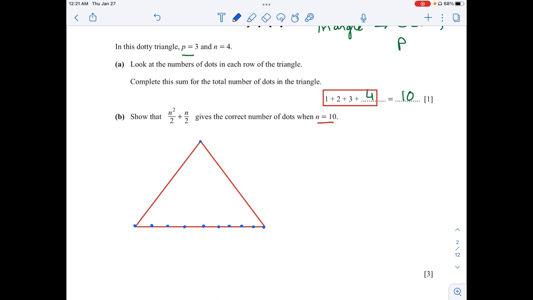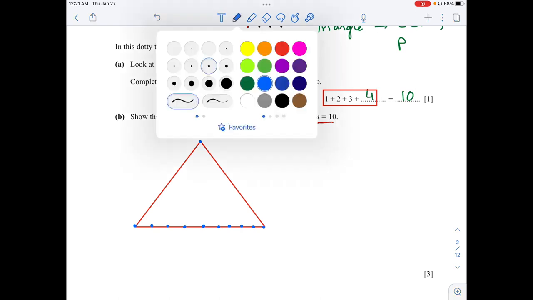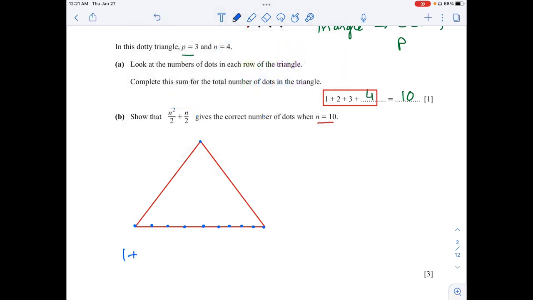I'm starting with 1, so the total number of dots should be 1 plus 2 plus 3 plus 4 plus 5 plus 6 plus 7 plus 8 plus 9 plus 10. Add them all, it is 55. When I use this formula also, I should be getting 55.